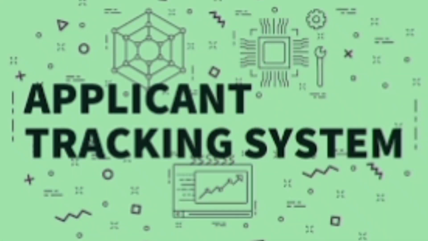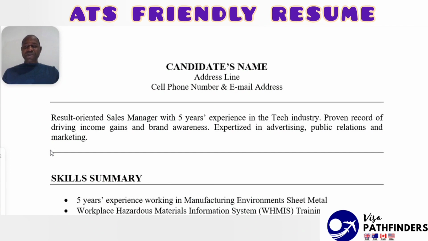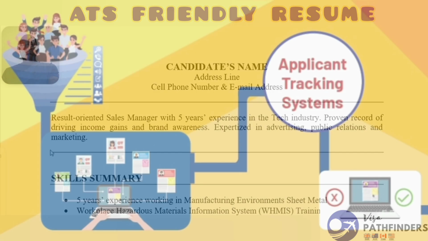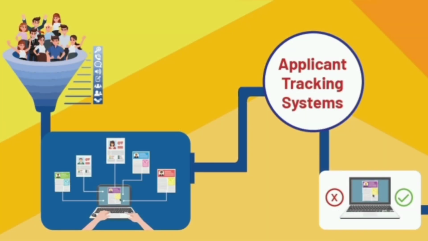So what is ATS? ATS means Applicant Tracking System. It's a computer software program that saves employers time and money. What it does basically is that it tracks, assesses, and selects the job applicants. So most of the time, when you submit your resume online, it goes to the ATS database.